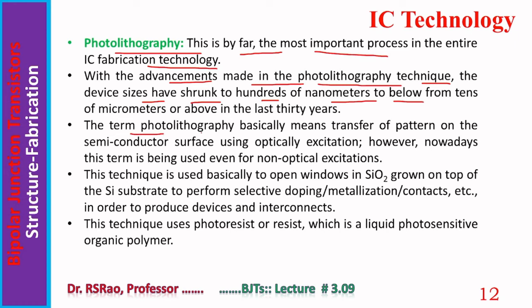The term photolithography basically means a transfer of a pattern on the semiconductor surface using optical excitation. However, nowadays this term is being used even for non-optical excitations. This technique is used basically to open windows in silicon dioxide grown on top of the silicon substrate to perform selective doping, metallization, contacts, etc. in order to produce devices and interconnects.